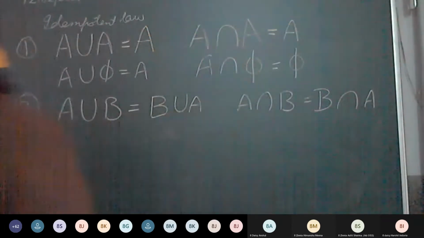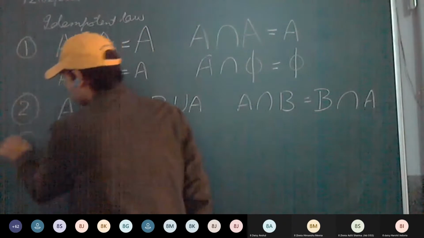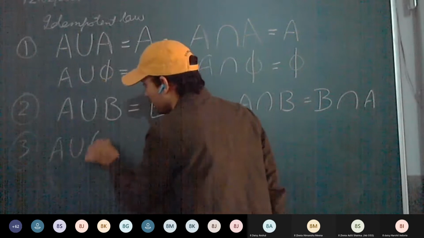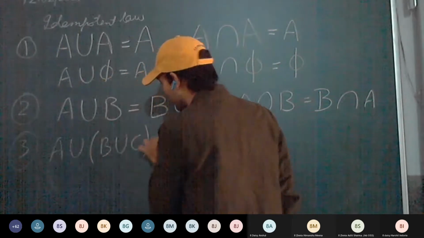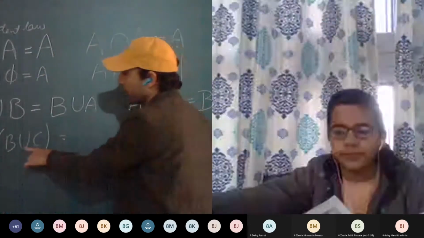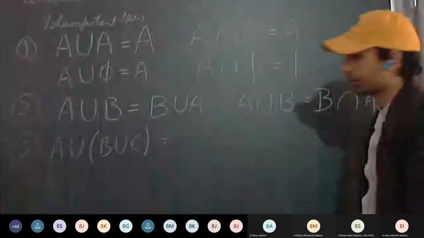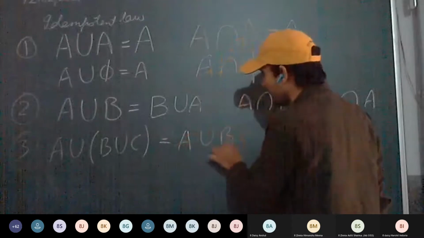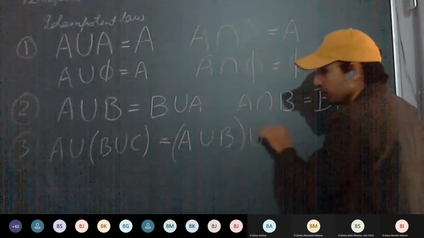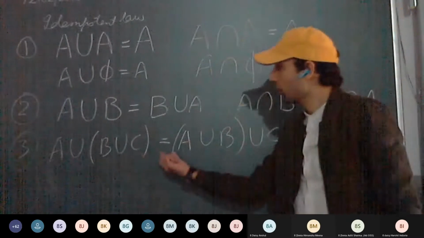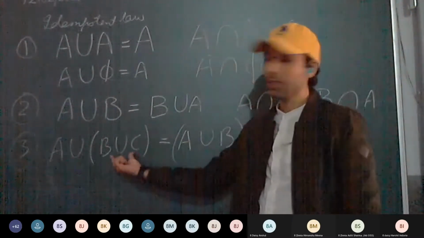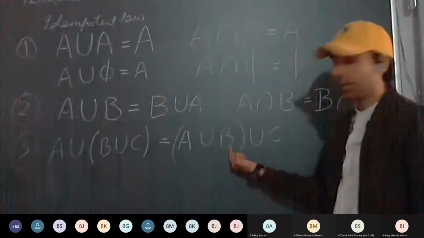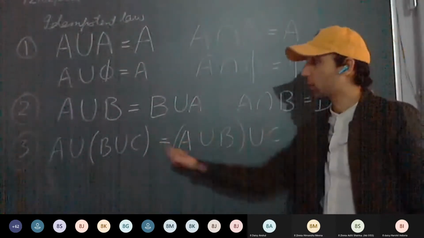Next is associative law. Third is associative law. A union, B union C: first we will be finding B union C, then taking its union with A. This is same as A union B, union C. Whether we first calculate B union C and then its union with A, or first A union B and then its union with C, both will be same.